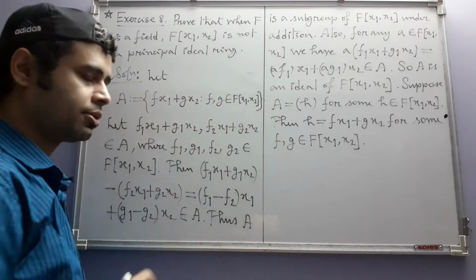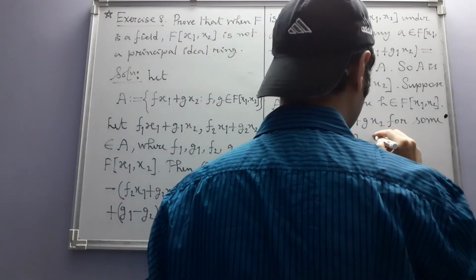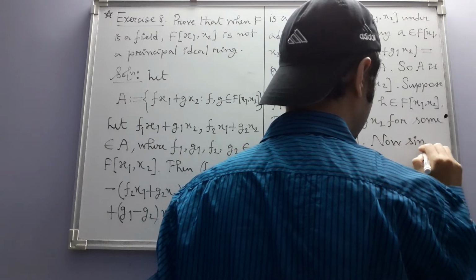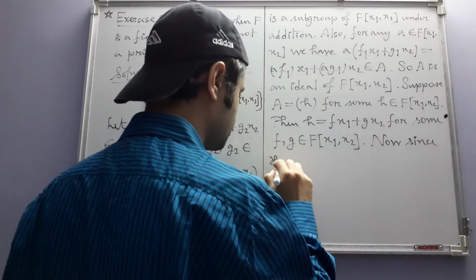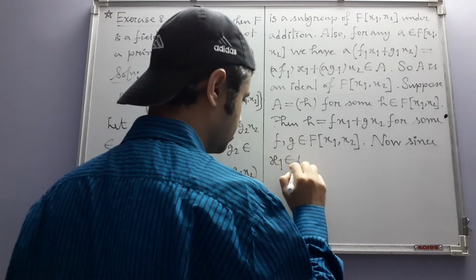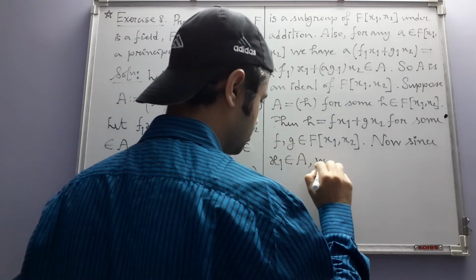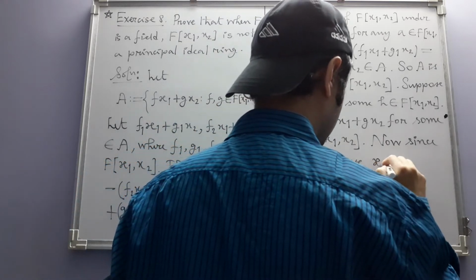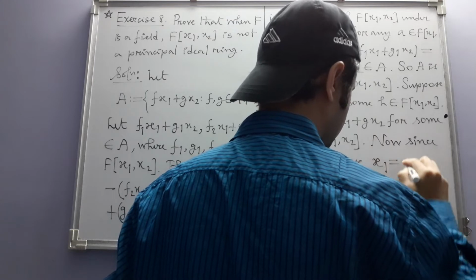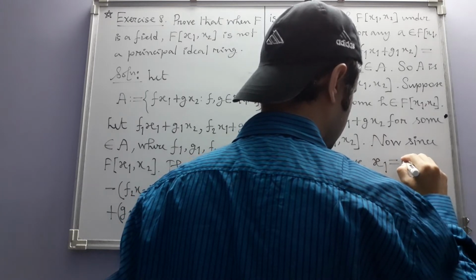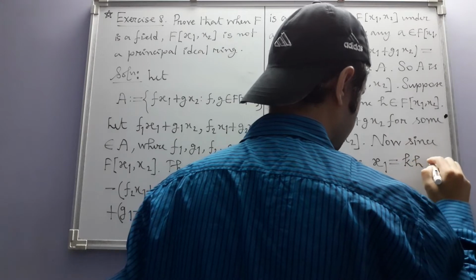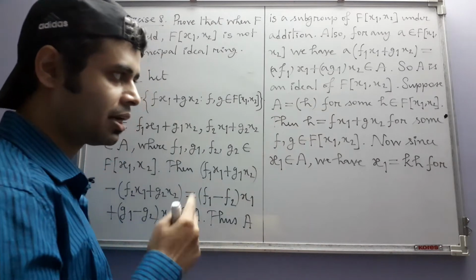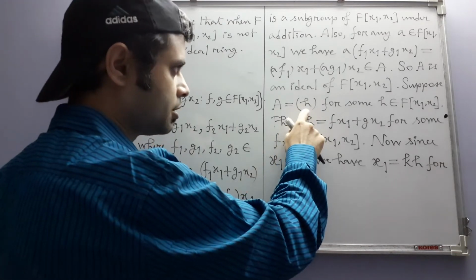That means x1 belongs to A. Now, since x1 belongs to A, we have x1 equal to, say, kh. x1 belongs to A means x1 will be a multiple of h, since this is our supposition.